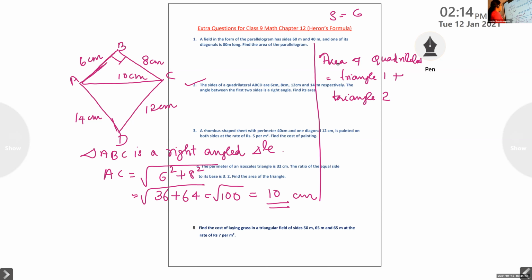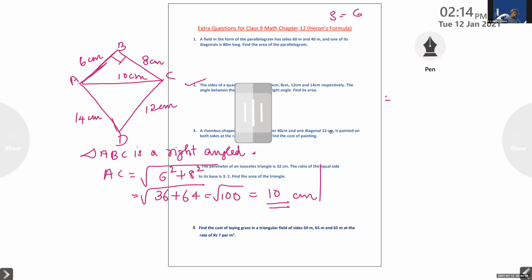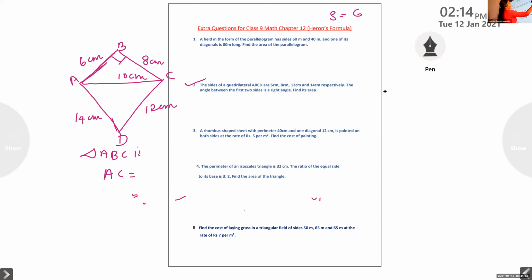Shall I explain the answers? Yes, ma'am. Okay. So area of triangle 1.